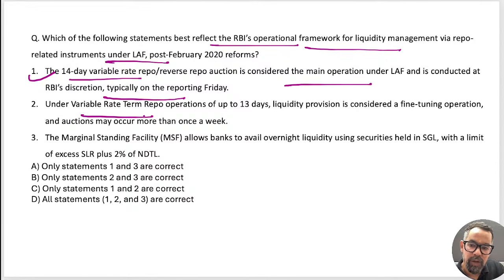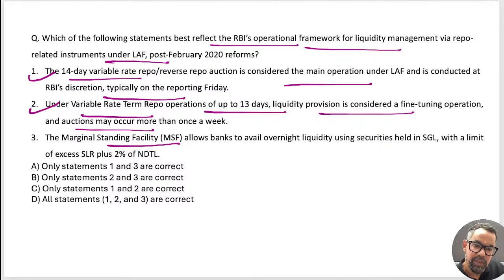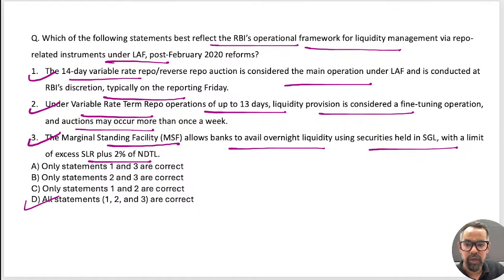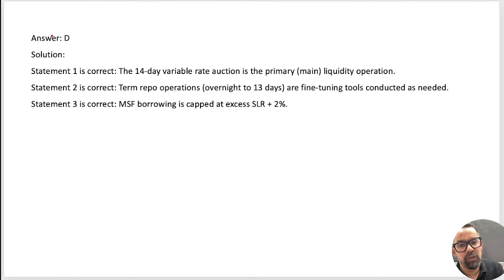Under the variable rate term repo up to 13 days, liquidity provision is considered a fine-tuning operation, and an auction may occur more than once a week. This is also true. MSF allows banks to avail overnight liquidity using the securities held in G-Sec, SLR, with a limit not exceeding 2% of this. This is also true. 1, 2, 3, all are correct here. Option D should be the right answer for this particular one.